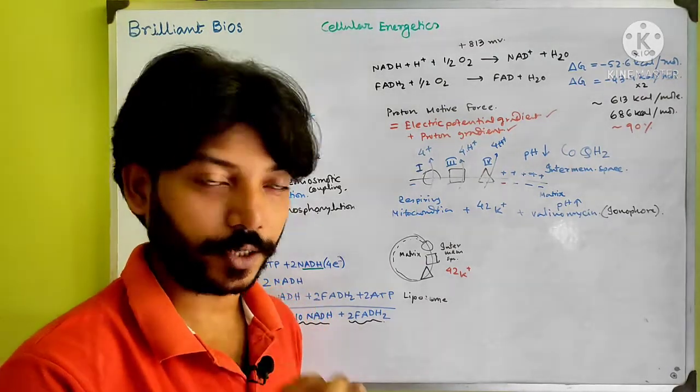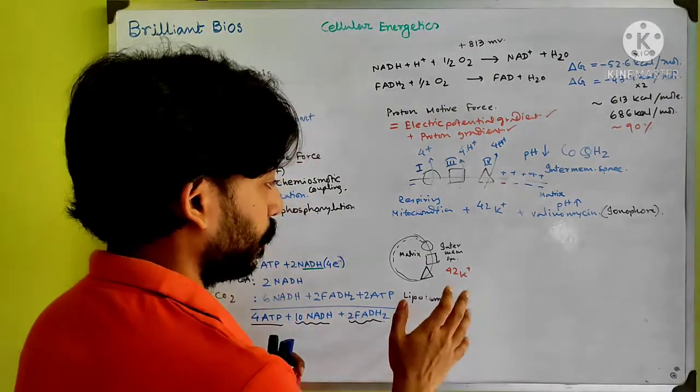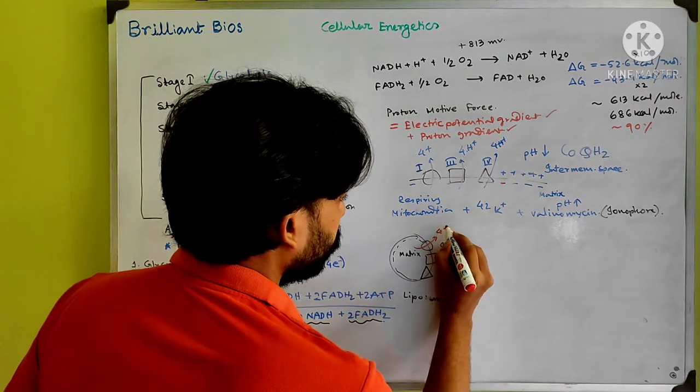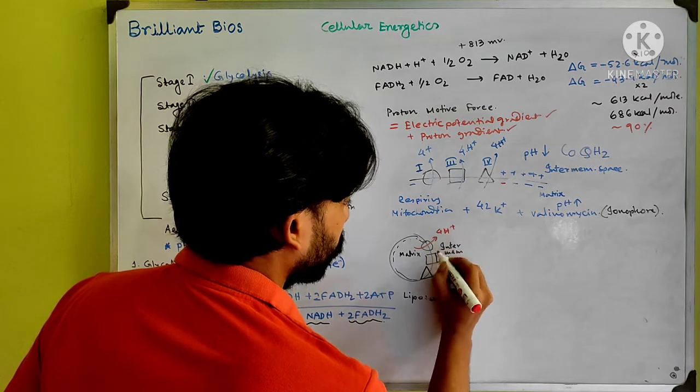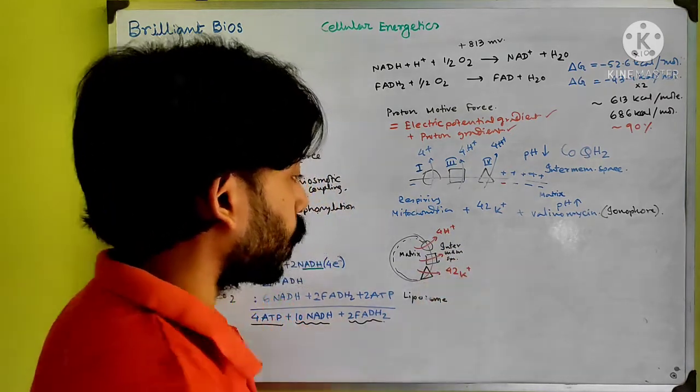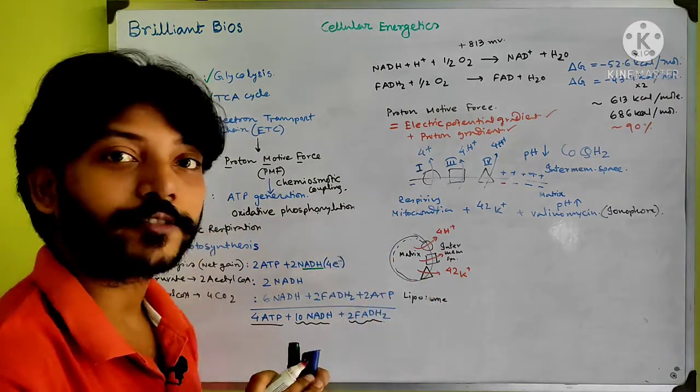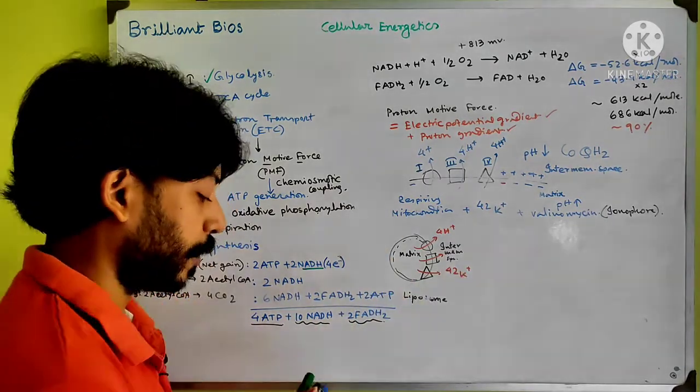Only for the protons it is permeable, because protons are coming out from this complex. Protons can come out from the complex, but there is no other transporter present to transport these potassium ions.